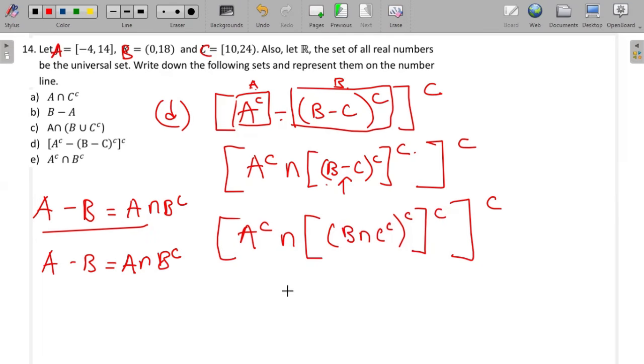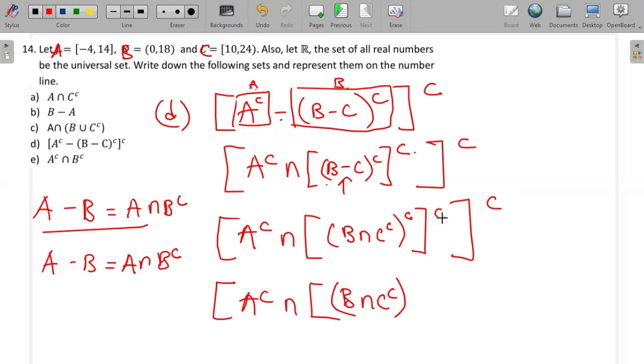And then from here, we can see that this complement, actually we can start with any one anyway. So it will be A complement intersection. First let's write this complement.